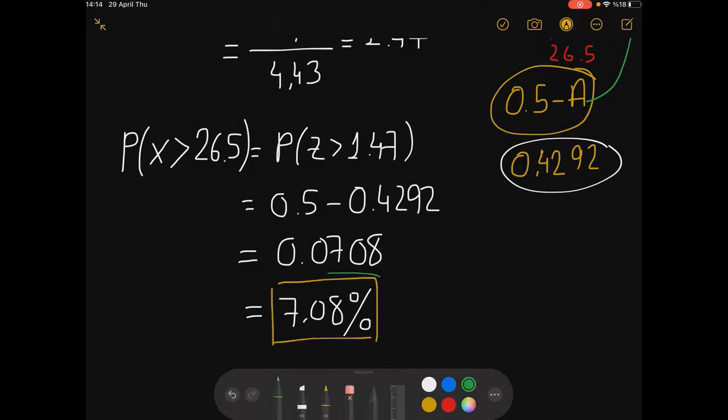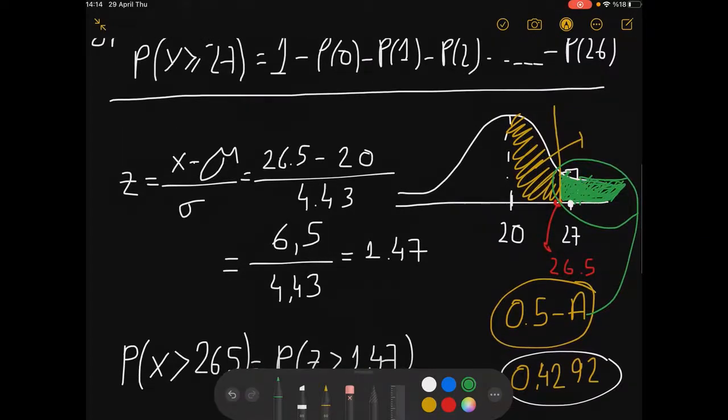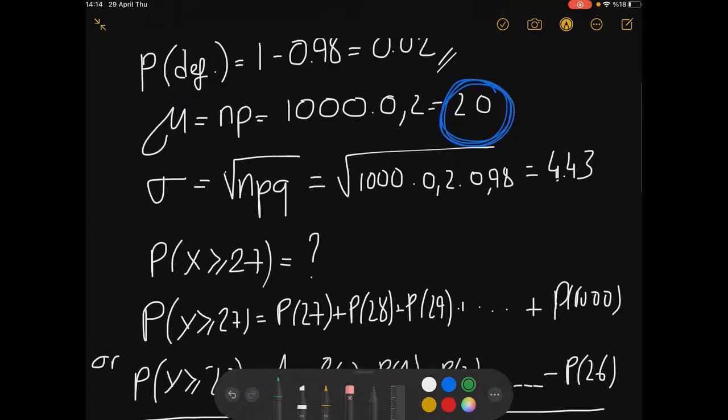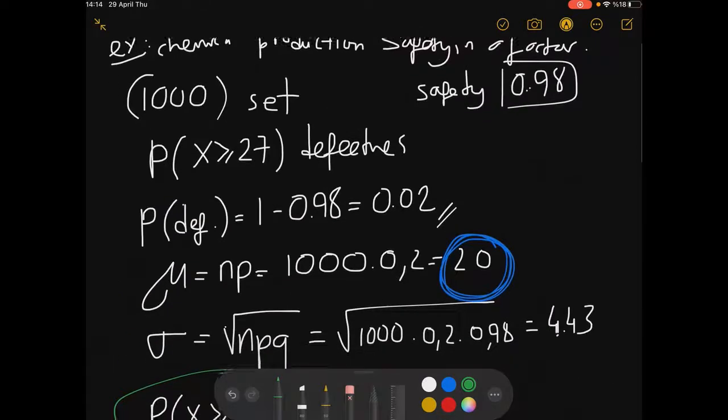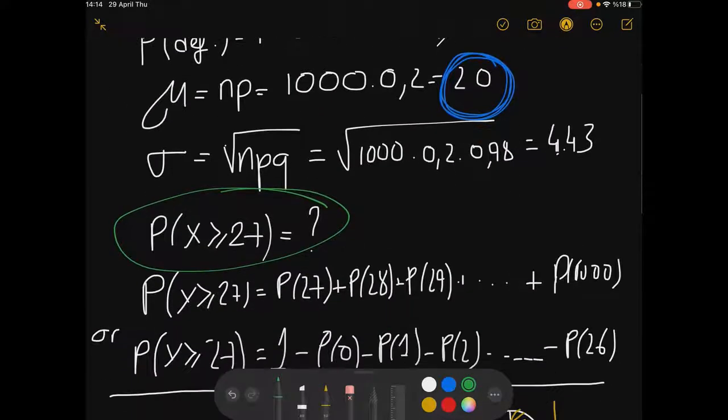This is what I'm looking for. 7% is the probability that has been asked in the original question here. So approximately 7% is the answer to your question, right?